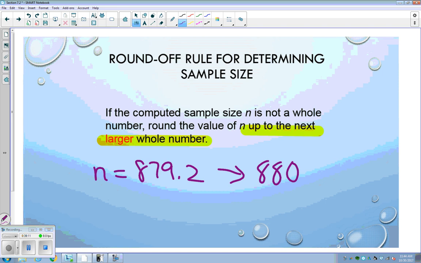I can't forget that this is part of my sample, so I have to go to the next larger whole number. Always round up. Okay?